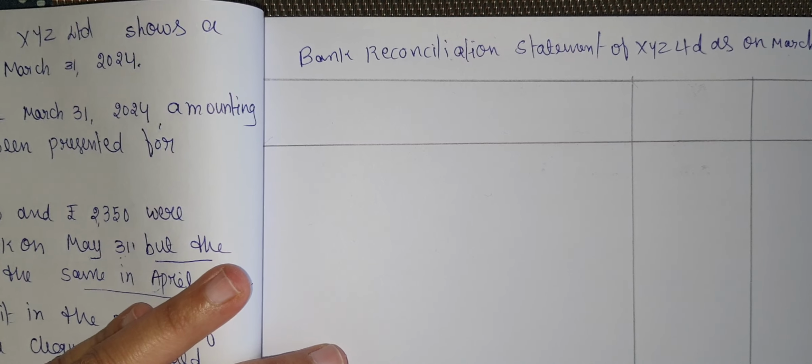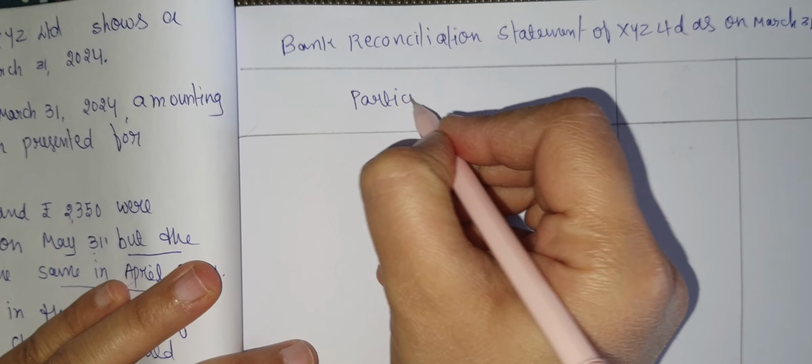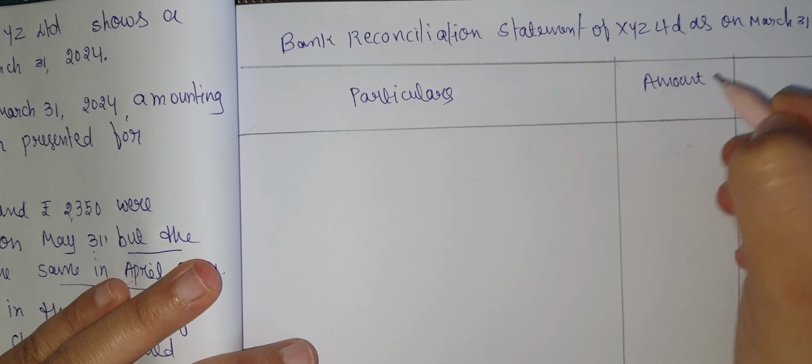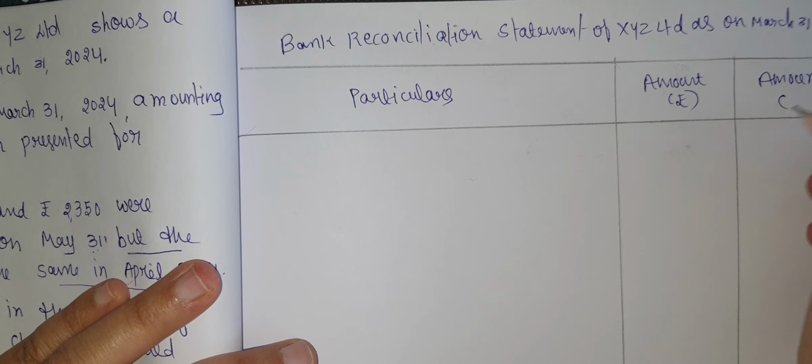Here the columns are particulars, an inner column for amount, and an outer column for amount.